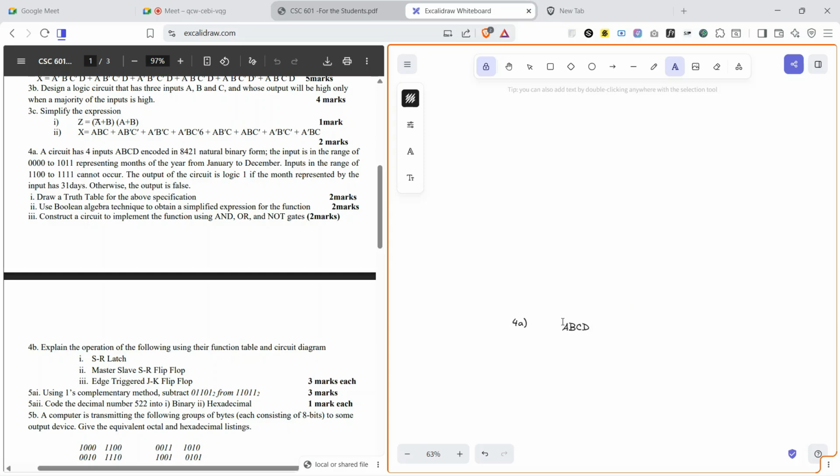The inputs are in the range of 0000 to 1001, representing the month of the year from January to December. Inputs in the range of 1100 to 1111 cannot occur. The output of the circuit is logic 1 if the month represented by the input has 31 days, otherwise it is false. So we are told to draw a truth table for this.